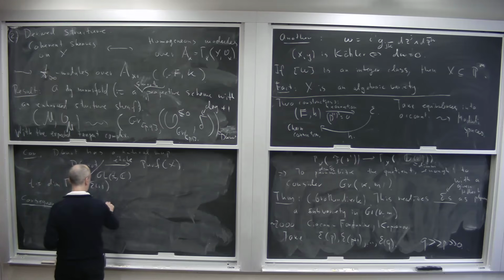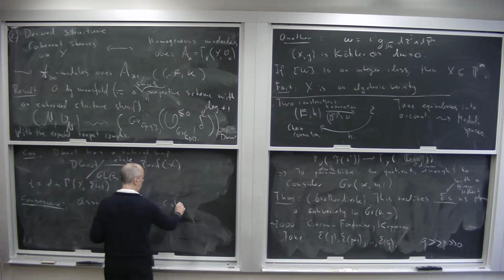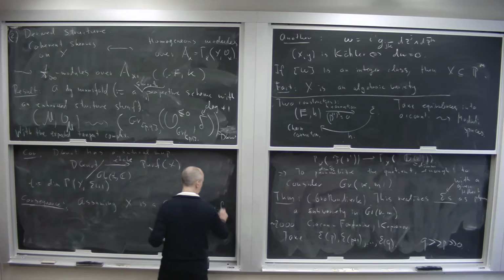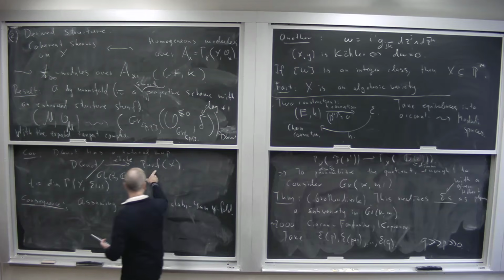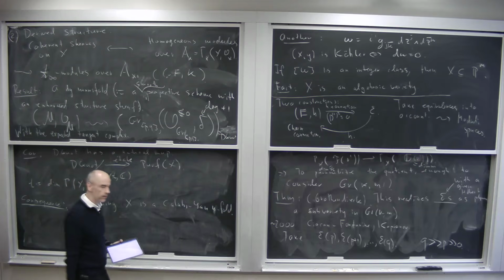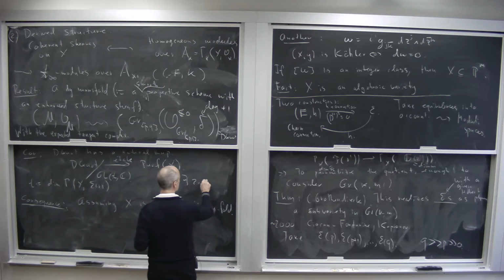Now, assuming X is a Calabi-Yau n-fold, on Perf_X we will have a (2 − n)-shifted symplectic form.